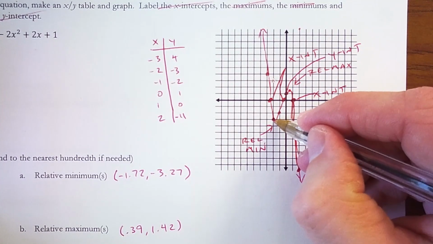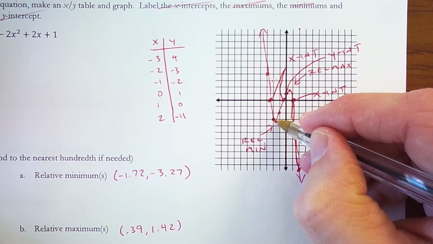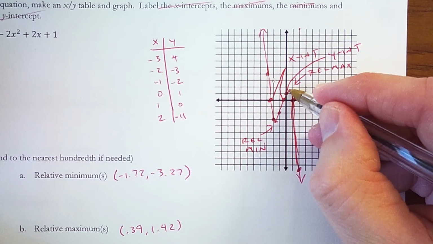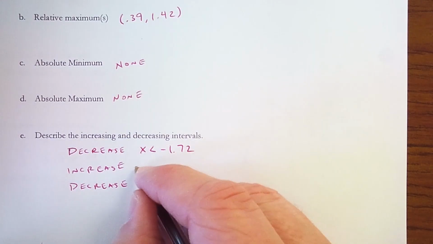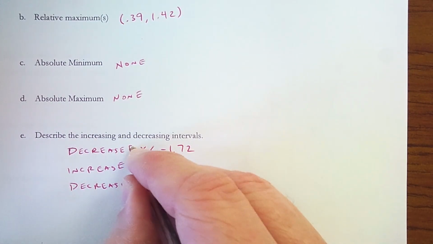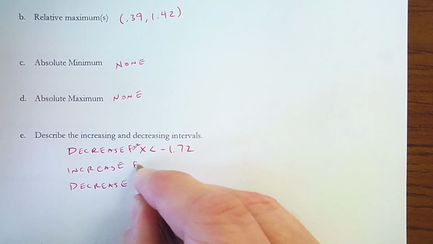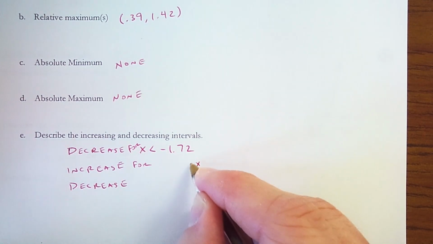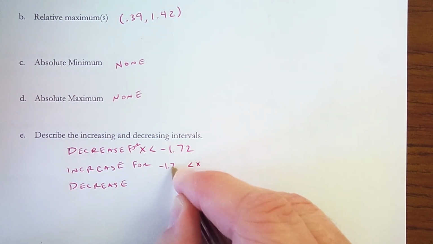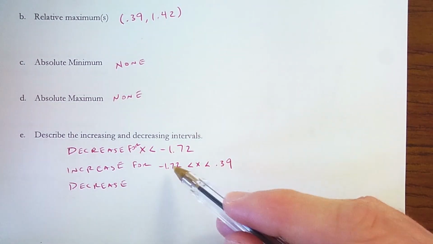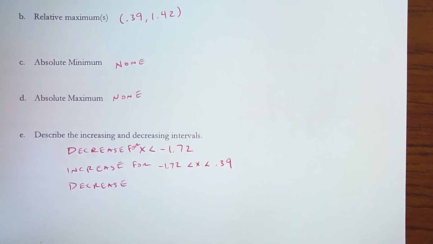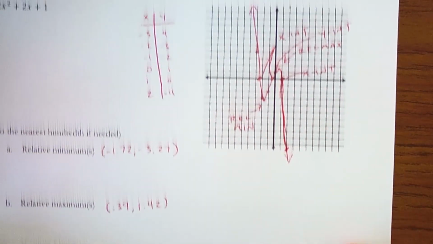Then it begins to increase, and it increases from this x value of negative 1.72 until it gets to this x value of 0.39. So it is increasing for, forgot to label here, for the domain. So for all x's that are greater than negative 1.72 but less than 0.39. So that is the domain for the increasing interval.